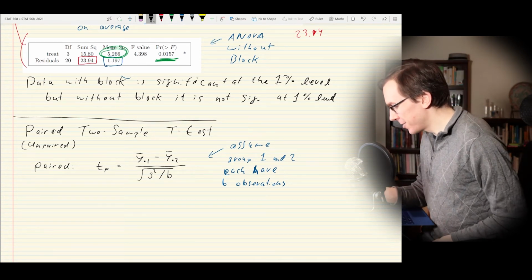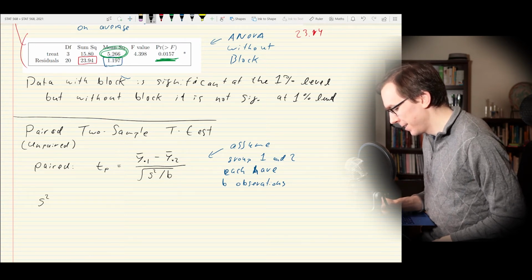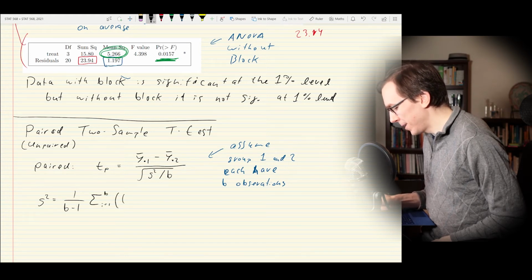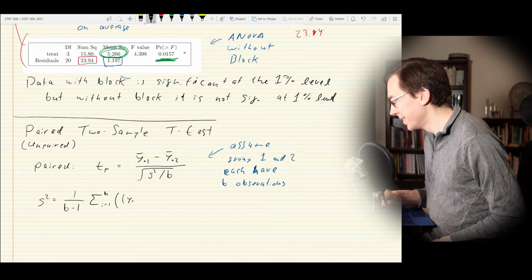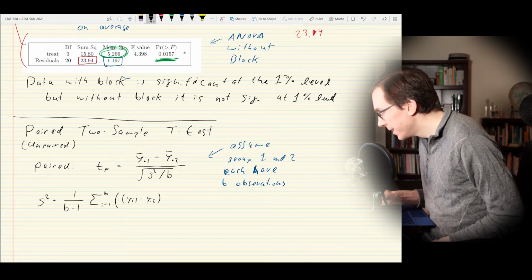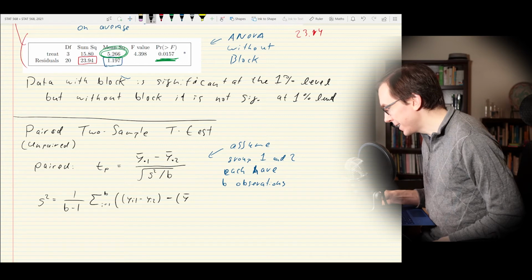Just for the sake of completeness, I'll write down that S squared, our sample variance, is 1 over B minus 1, times the sum from i equals 1 to B of y i1 minus y i2, minus the sample mean of the differences.